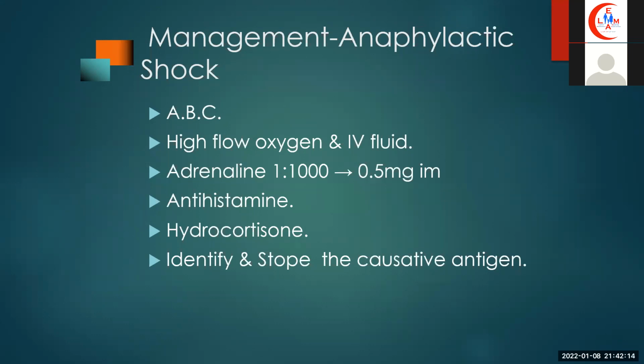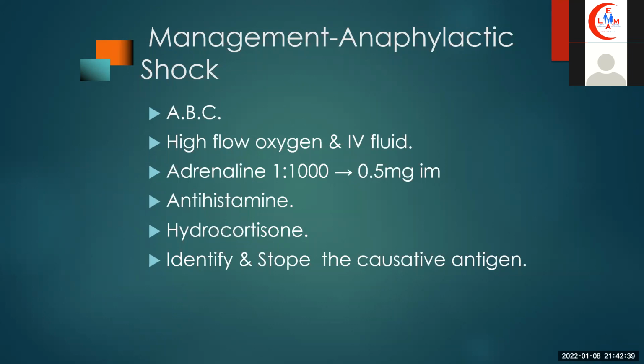The main treatment is adrenaline. Okay, adrenaline 1 to 1,000. You need to give 0.5 milligram IM, not IV, and you can repeat the dose every 3 to 5 minutes. So you can give the initial dose, check the response, and if the patient is not responding, you can give more adrenaline.